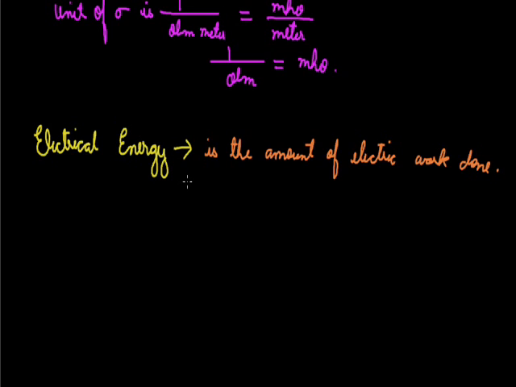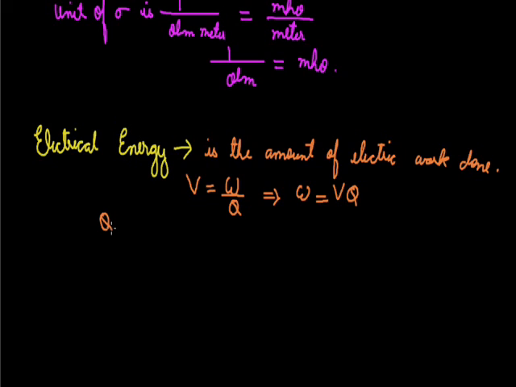While studying electric potential, we have studied that potential is equal to work done per unit charge. It implies electric work done is equal to the product of potential difference and charge Q.